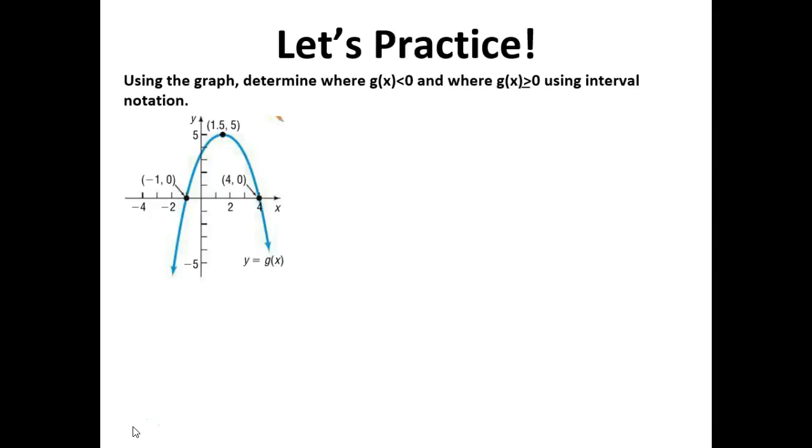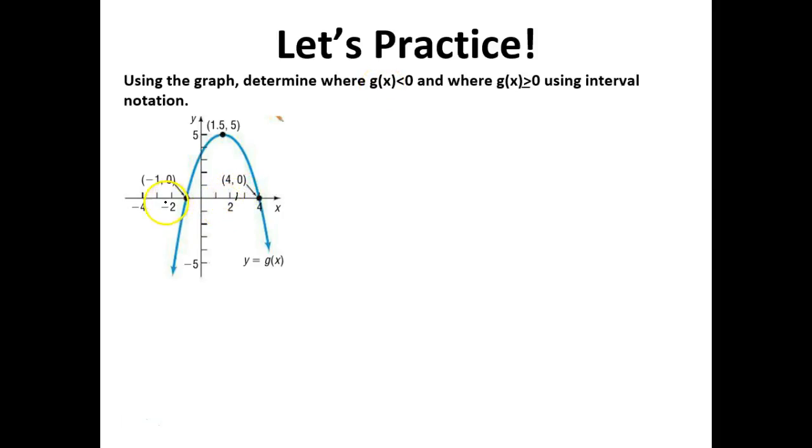So if we look at just a graph to start off with, we have an example of a quadratic function, and we're determining the intervals where g of x, or where this function, is less than 0. This function is going to be less than 0 wherever the outputs are less than 0.